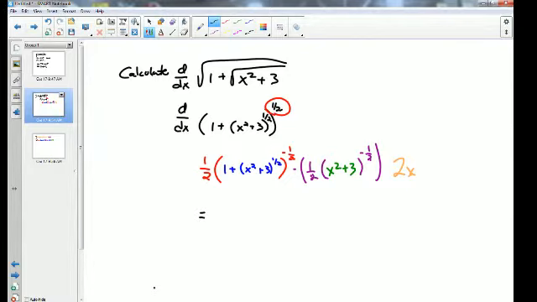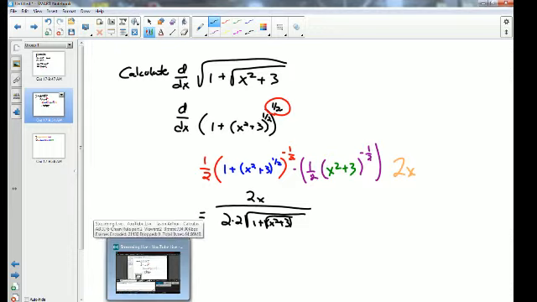Okay, 2x is going to be on top, 2 on the bottom, and then these are both in the bottom. I'm just rewriting this. So this is a negative exponent, right? So it goes in the bottom. If it's multiple choice, you might have to do this.